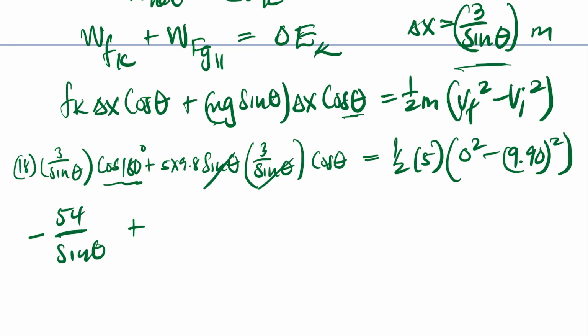And then the Fg parallel is going down as well. So here it's supposed to be cos 180 as well. So this will be negative if it's cos 180. So times 3, it will be negative 147.